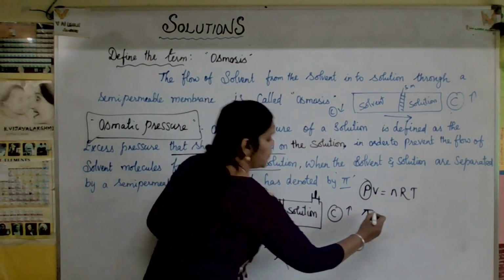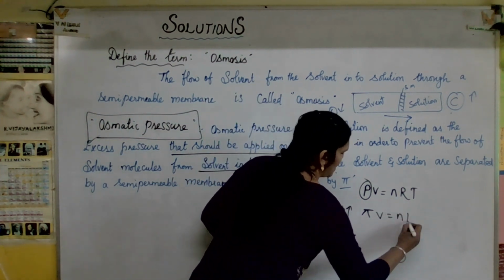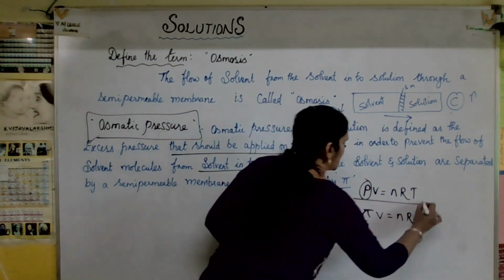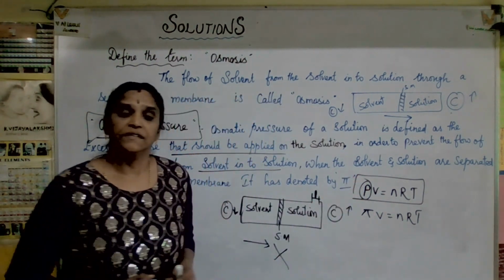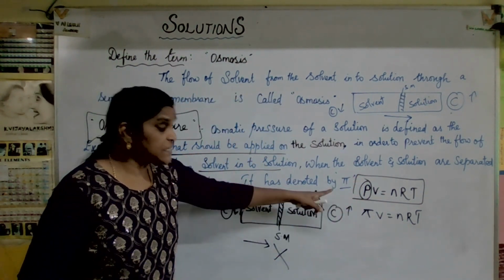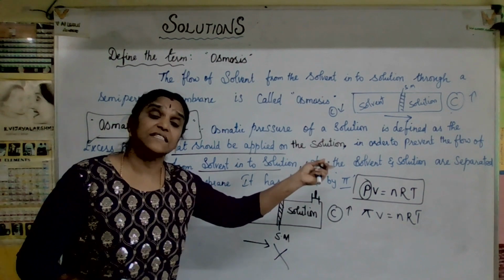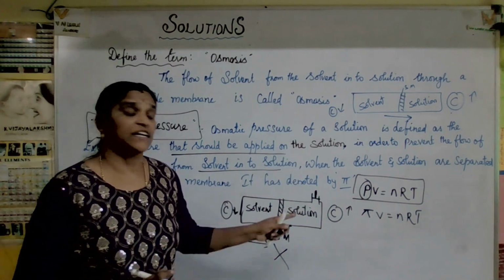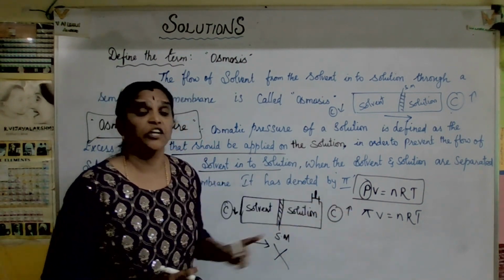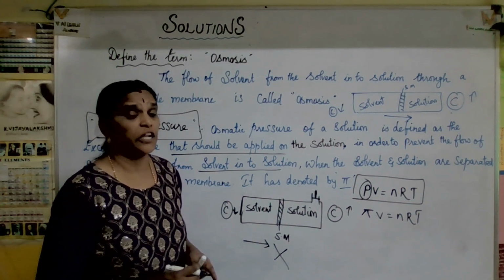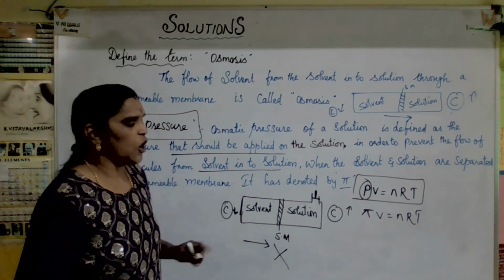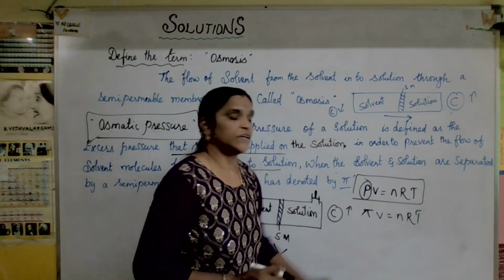So pi V equals nRT. Why has he taken this formula? Because osmotic pressure behaves like an ideal gas equation for dilute solutions.